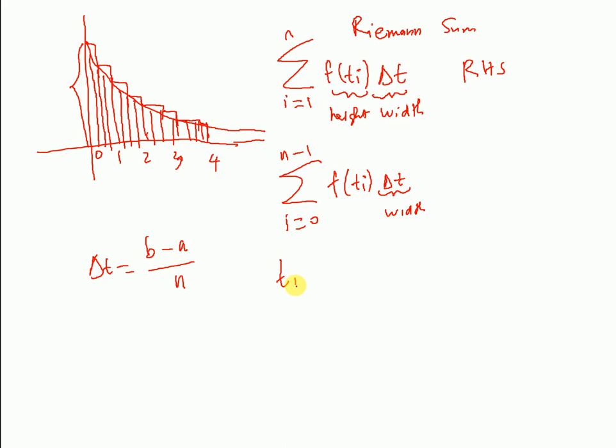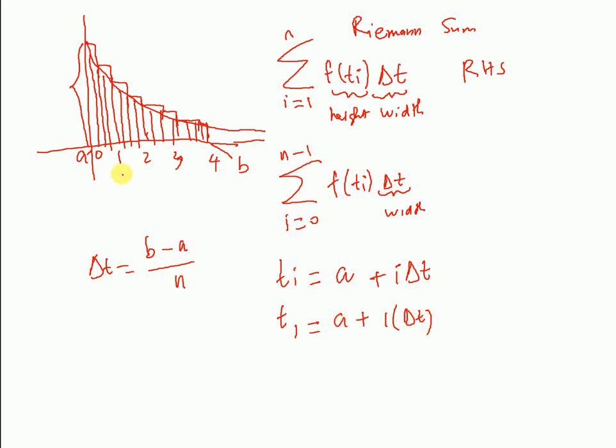And ti is easy, just equal to the leftmost endpoint. So here is a, and here is b, right? So we start from a, we add i delta t. So if i is 0, we have only t0, which is just a. If i is 1, we have a plus 1 multiplied by delta t.